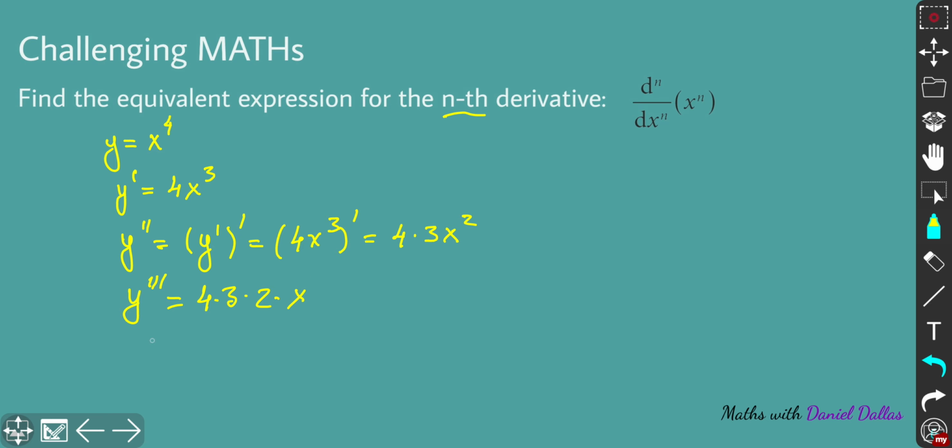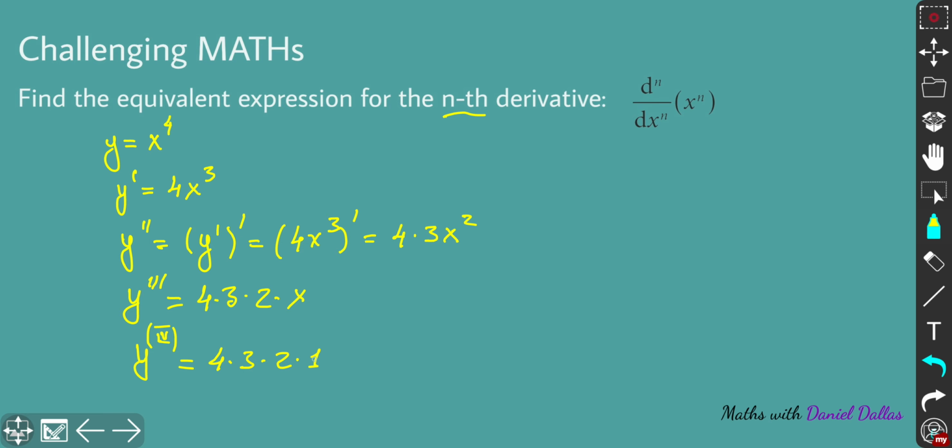And if we differentiate the fourth time, in this case I just use not primes but the number 4, we'll get 4 times 3 times 2 times 1, with x gone.